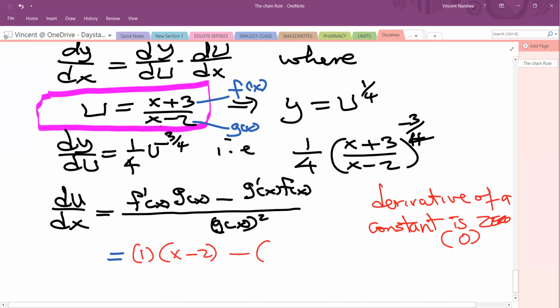So differentiate x minus 2 na niambie jibu nini? Itakuwa nini? Minus 1 umetoa wapi?